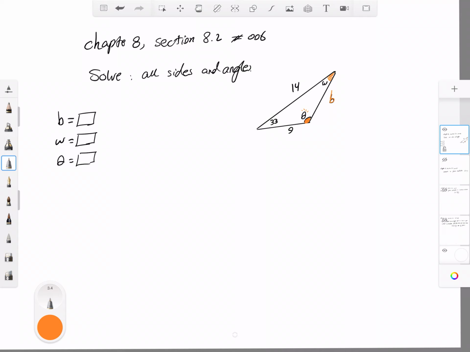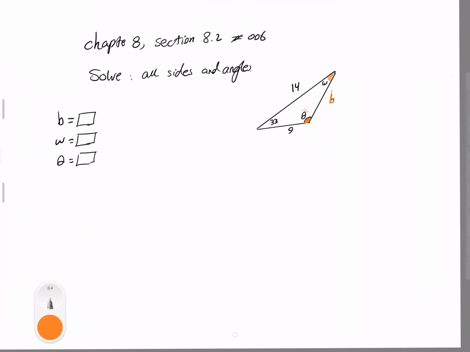Before we use law of cosine, we would like to see if we can use law of sine because it's simpler to use. So I'm going to say sine of 33 over b equal to sine of omega over 9 equal to sine of theta over 14.